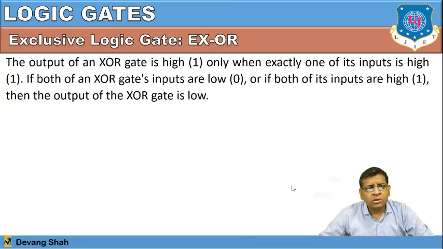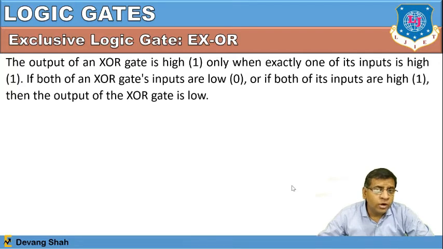If both the inputs are zeros, or both the inputs are 1, the output of the XOR gate is low, that is 0.